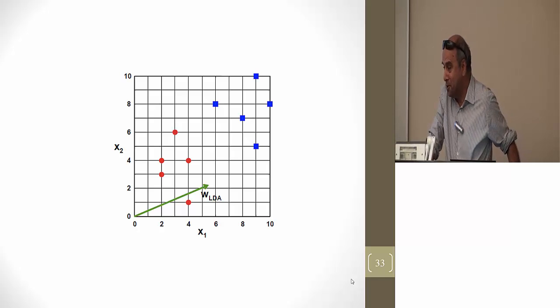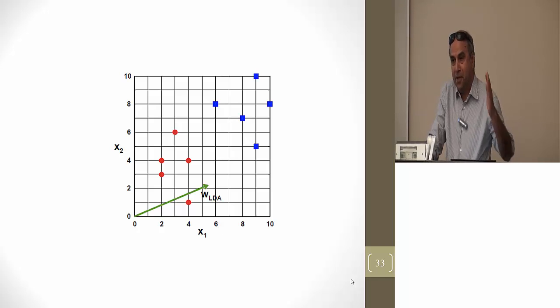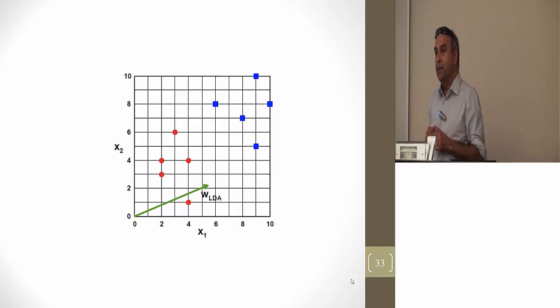See, it's very intuitive what we want to do. We have a problem, and we define that we want to do the projection. Because we have two classes, we just want projection on one line, and then we define what the metric should be. We say the means should be separated, and also they should have minimum scatter within class, which is like a variance.